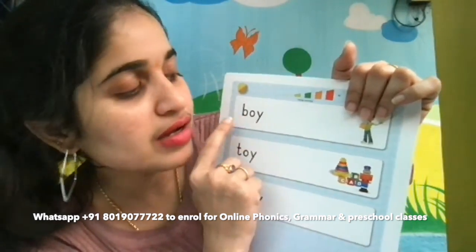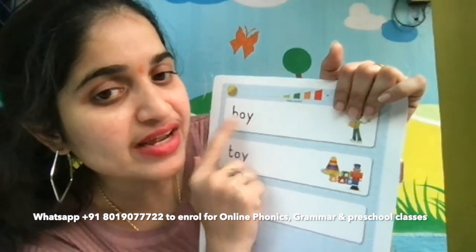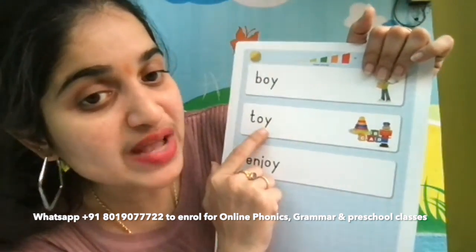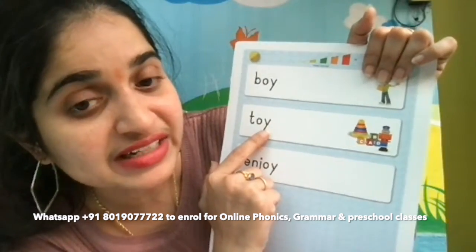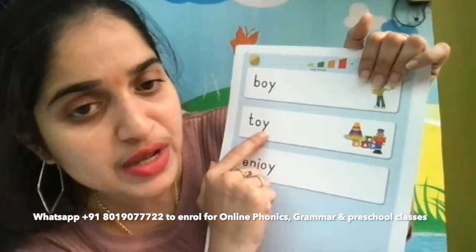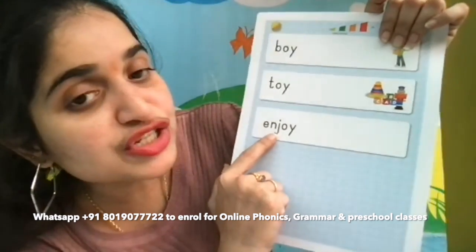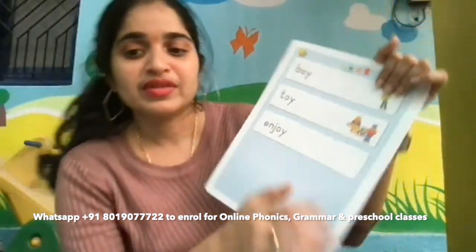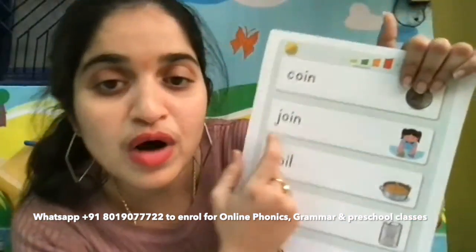Remember, boy. Toy. Y makes the sound of E when it comes at the end of the word. Any word it could be, okay? Enjoy. All right, children.